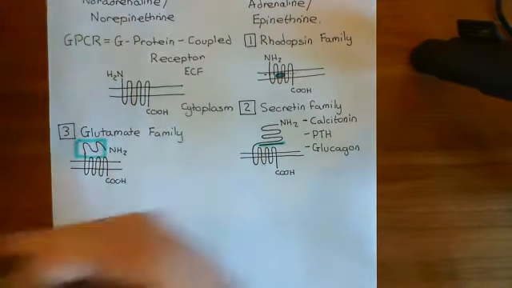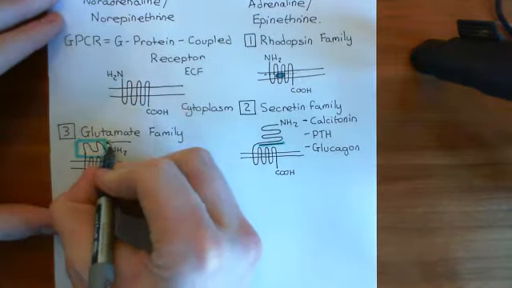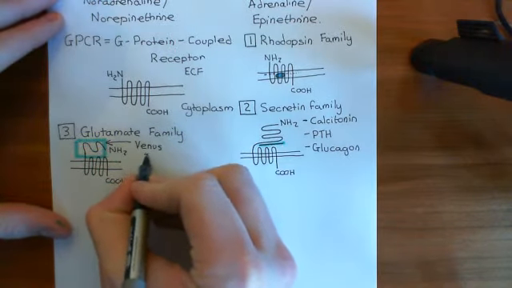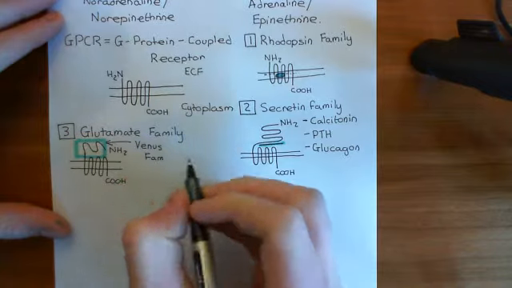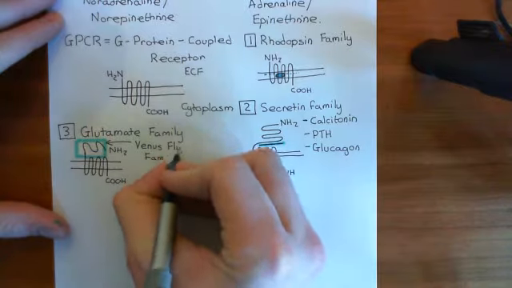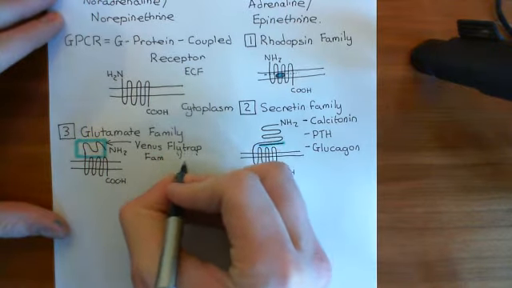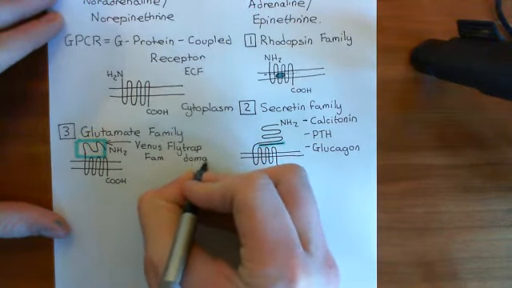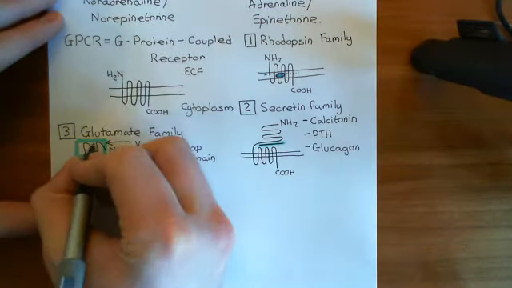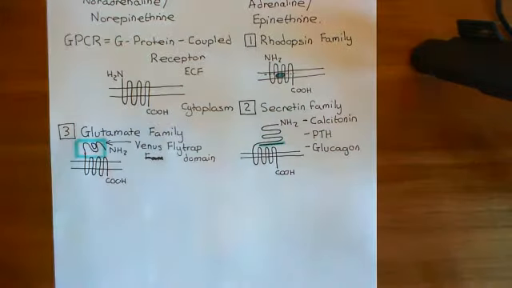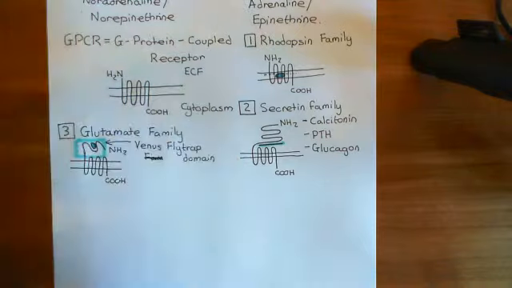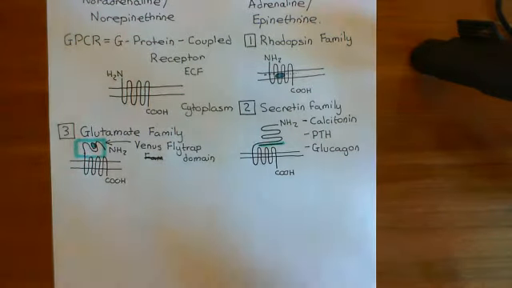Now what's this called? Well, this is called a Venus flytrap domain. For glutamate family G protein coupled receptors, the ligand binds in here, basically in this Venus flytrap domain, and the idea is this: when the ligand binds, it's like a fly going into a Venus flytrap.